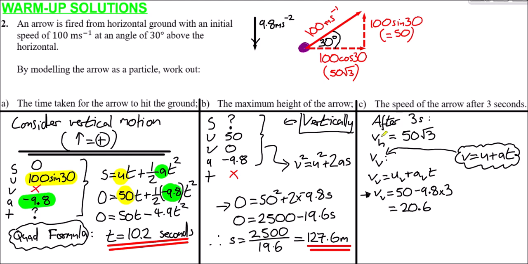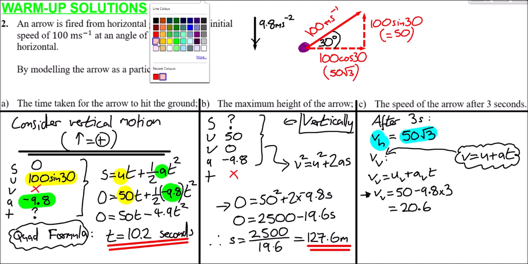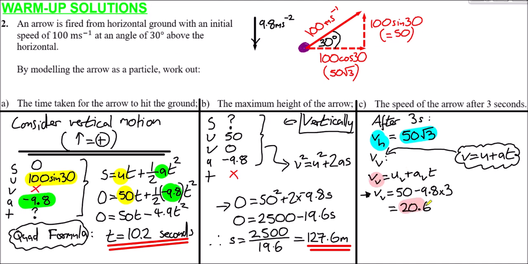So putting these pieces together, horizontally we've got that, vertically we have that. So essentially the speed of the arrow is essentially the magnitude of its velocity at that point.